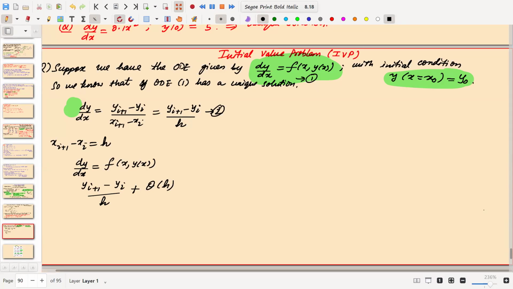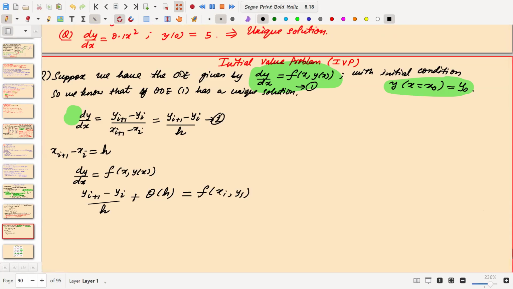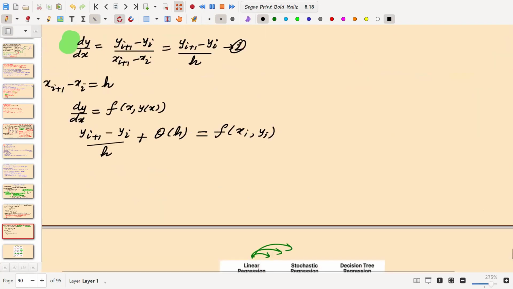That doesn't matter, but there will be some error in your data. Actually, order of h is big. So that is equal to f of xi comma yi. Do you agree? So what can we do next?